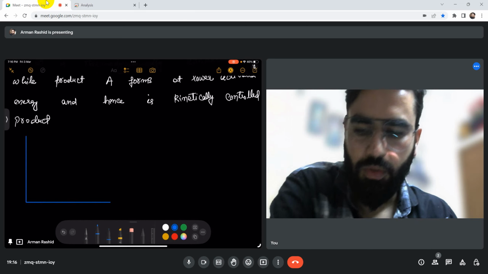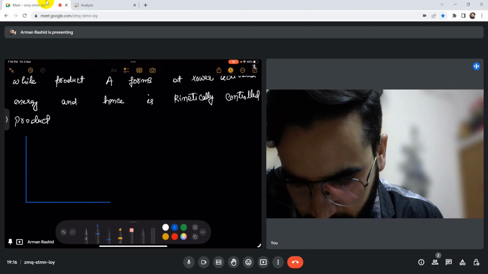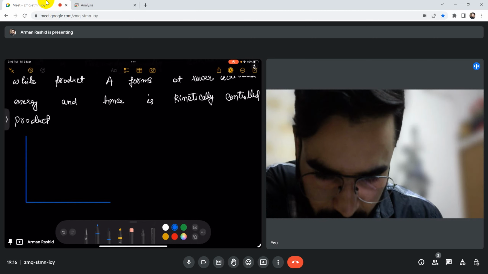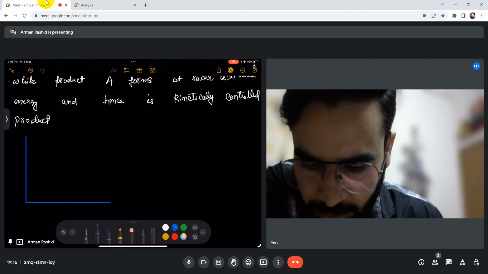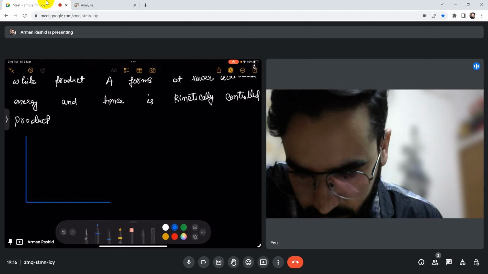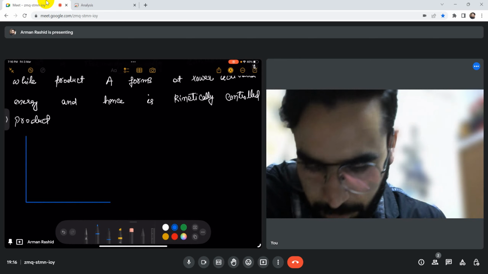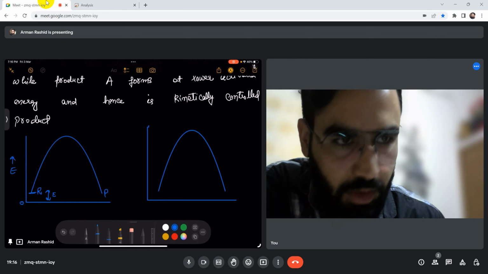At this point we have reactants, and at this point we have products. The reactant will have some energy of its own. For example, if this is 0, this is some energy the reactant has, which is called the zero point energy. I'll write that as E.